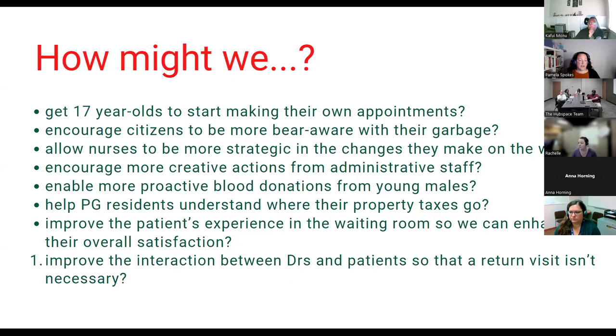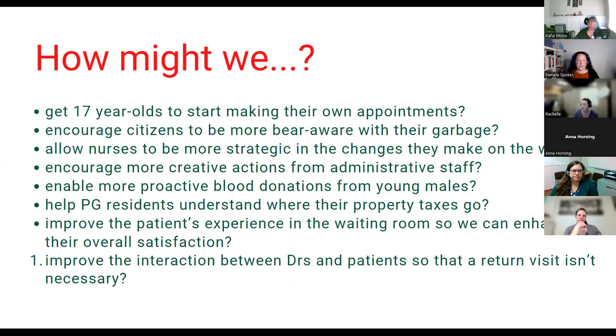One issue in Finland is with the Red Cross Blood Services, they want to help encourage more blood donations from young men, right? That's where they're seeing a problem, they have very low blood donation from young males. And so they want to be able to encourage them to be more proactive in that.